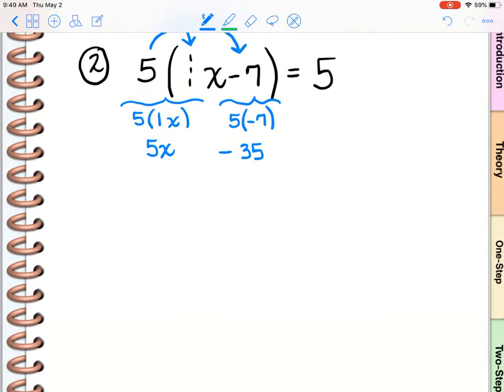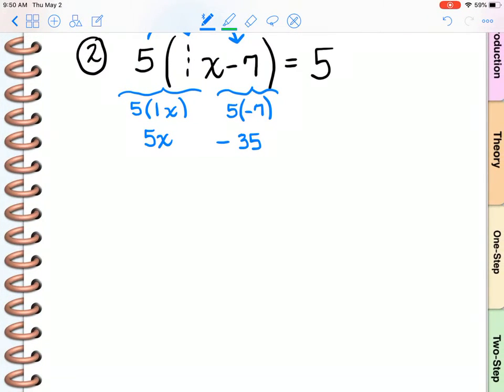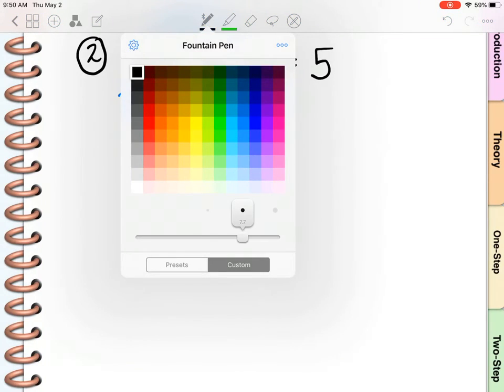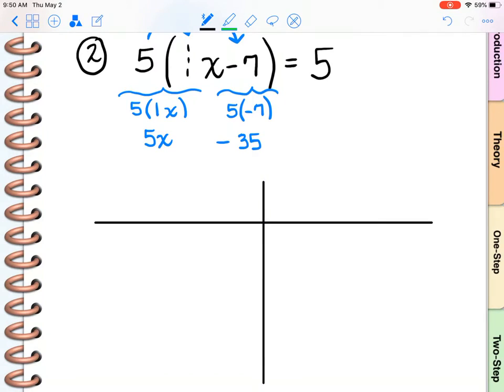Okay, so when I come down to do my frame, I keep as much as I can in view here. Draw the frame first. And we have the 5x minus 35 on this side. And then a 5 on this side. So this is variable.